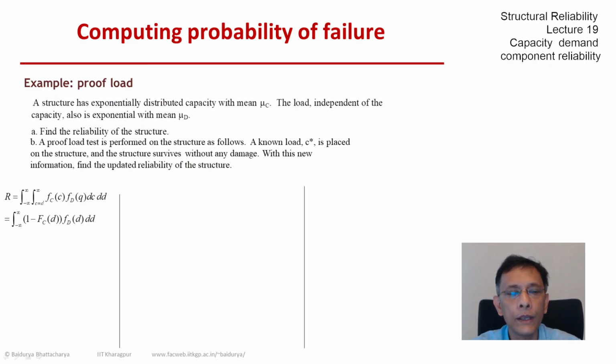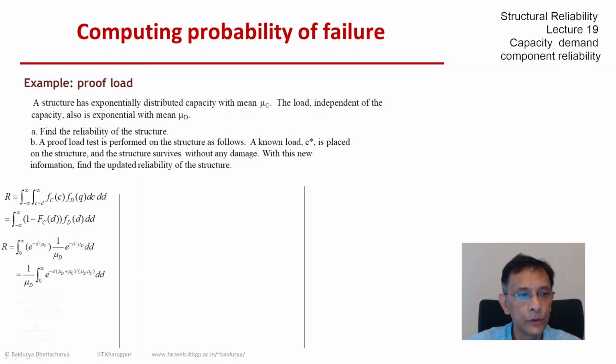And now we convert that into a one-dimensional integration, because the integration of f_C becomes 1 minus the CDF of C evaluated at D, and then that integrated with respect to the density of D. And now we are able to plug in the expressions for the CDF and the density of C and D respectively.